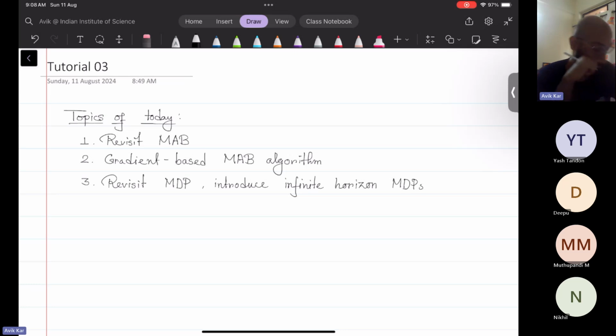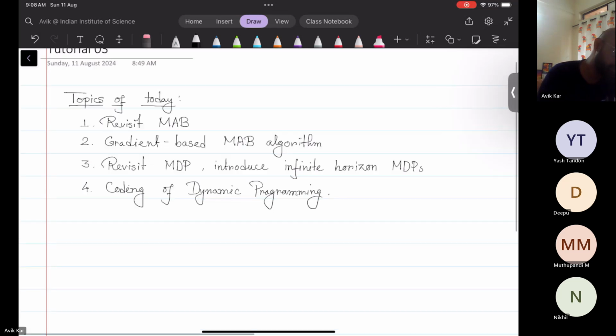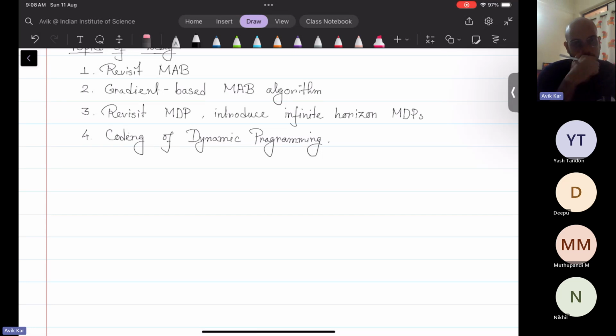To be specific, we'll only discuss gamma discounted infinite horizon MDPs, and then we'll do coding of dynamic programming. Well, let us start then.